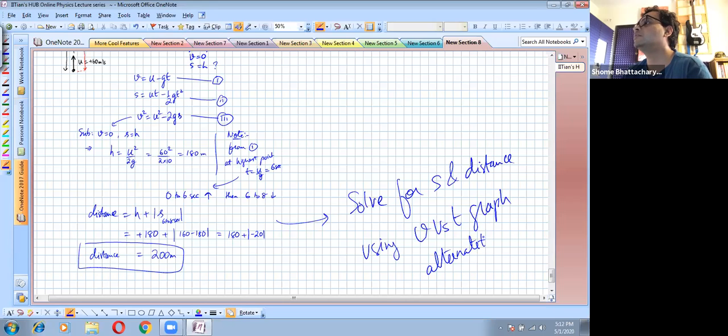Alternatively, instead of using the formulae and so much calculation, for this particular question, take the initial velocity as plus 60, the acceleration as minus 10, and draw the graph of velocity versus time. See whether you can make use of the graph concepts we discussed till date to find the distance and displacement directly. That will give you additional practice on how to do this question by graph method instead of relying on the formulae and then finding maximum height and things like that.